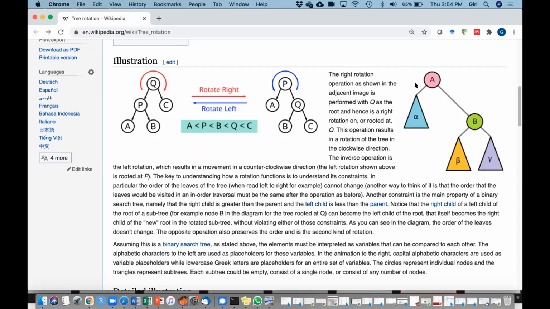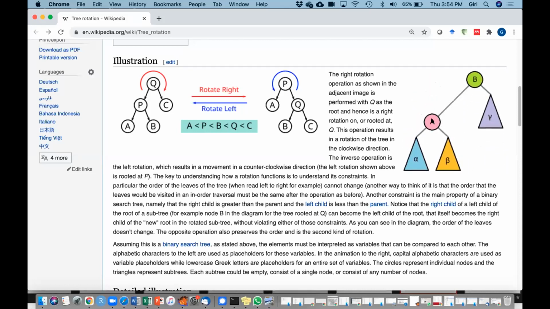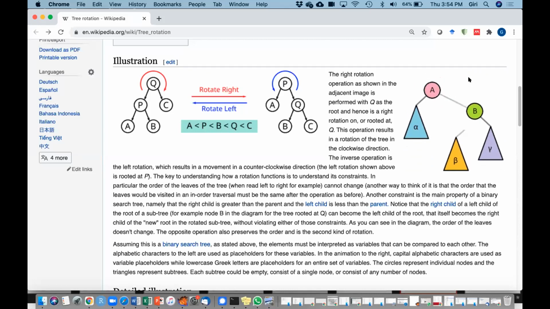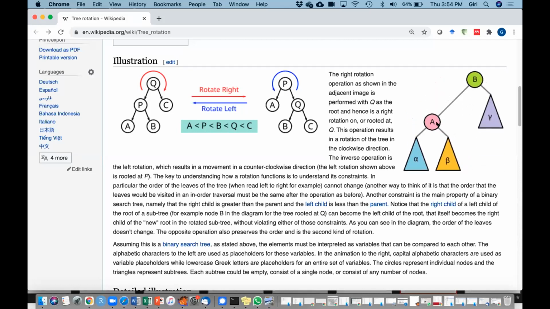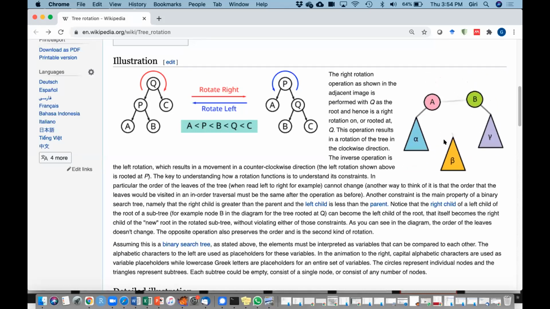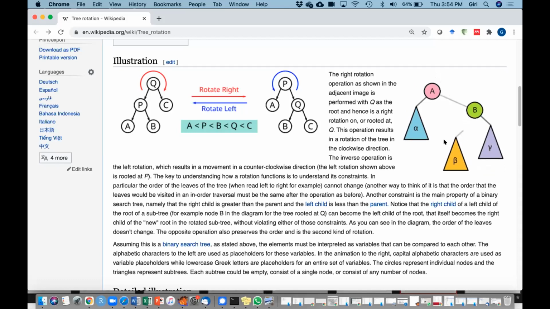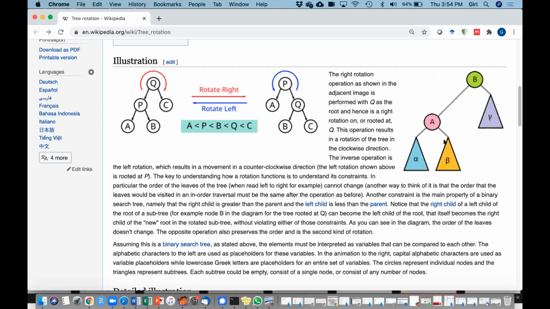Well, in order to understand this, you need to understand that the value in A must be smaller than the value in B, because A was the left child of B, or B was the right child of A. Either way, B is larger than A. All the things in this subtree beta are between the values A and B. Therefore, either they are the right subtree of A or they're the left subtree of B, depending on which one is the parent.